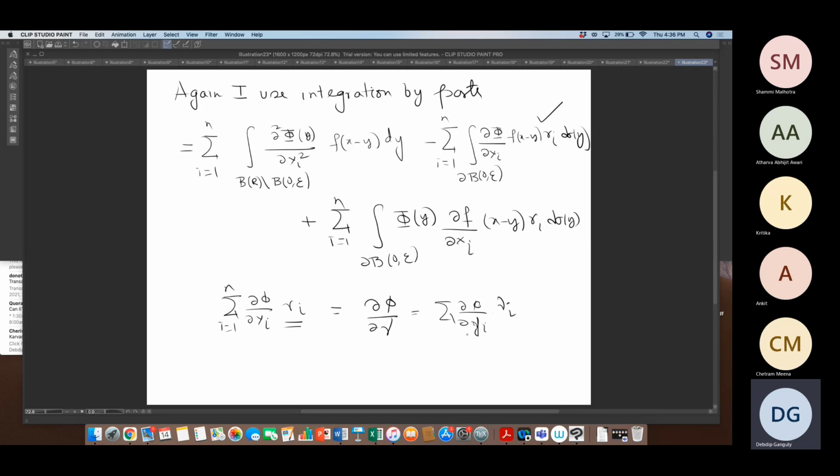So take the partial derivative in the projection to nu_i. Is that clear why this comes? Yes or no? These are all the partial derivatives, right? This is the gradient of phi dot nu. What does it mean? Del phi by del nu. Yes or no?